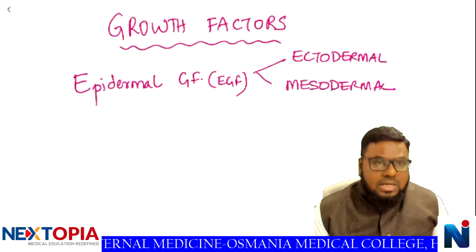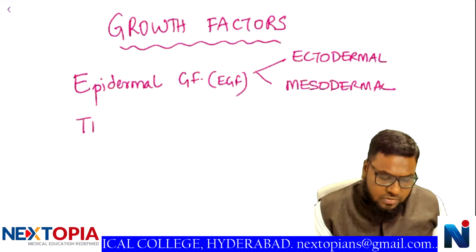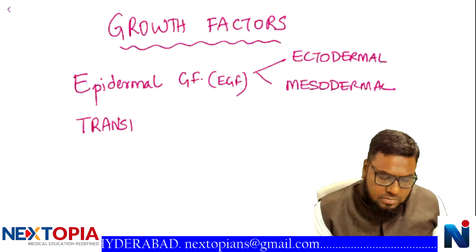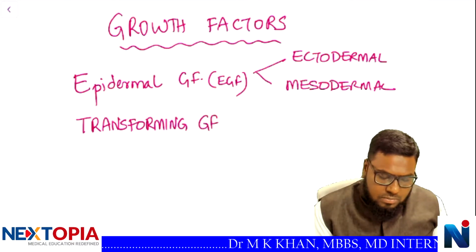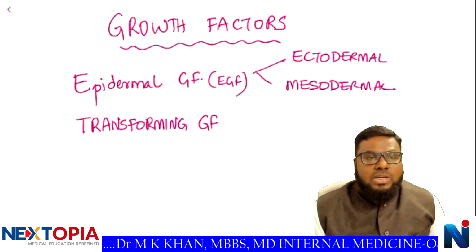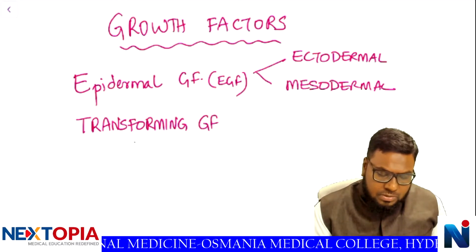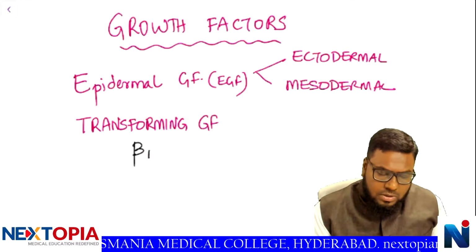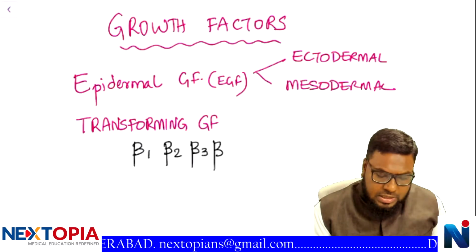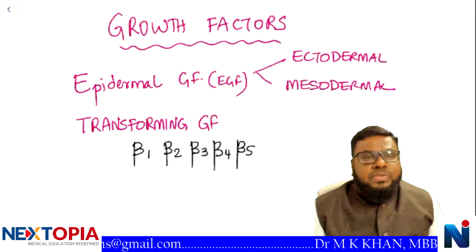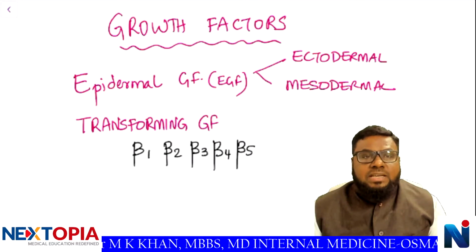Then we have the transforming growth factors. The transforming growth factors are named by the letter beta. We have beta 1, beta 2, beta 3, beta 4 and beta 5. They are responsible for formation of epithelial branching.